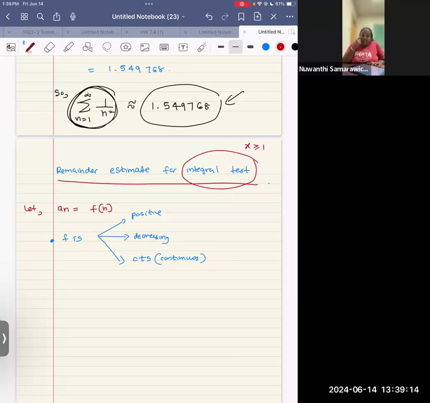But in the remainder estimate, the difference is we check whether these conditions are true when x is greater than or equal to n.